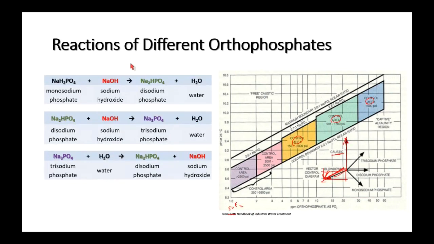Anyway, because we're coordinating things, right? We coordinate the blend. How much of this is in the blend? How much is that? How much of that? And then also alkalinity. How much caustic do we have to add, if any? What we call this then is a coordinated phosphate treatment.